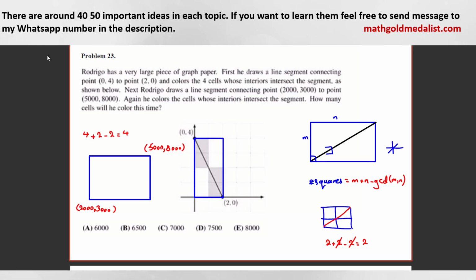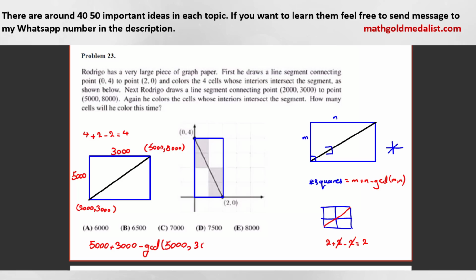So if we draw the diagonal again and use this formula, we should find the side lengths of this rectangle. For the x coordinate, 5000 minus 2000 will be 3000 for the horizontal side. The difference of the y coordinates, 8000 minus 3000, will be 5000. And if you use our formula, it will be 5000 plus 3000 minus GCD of 5000 and 3000.